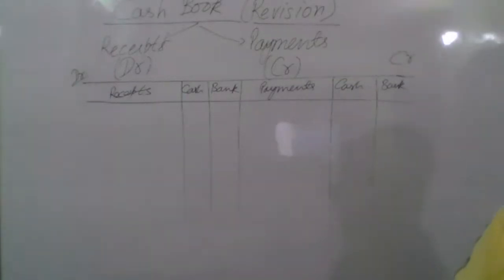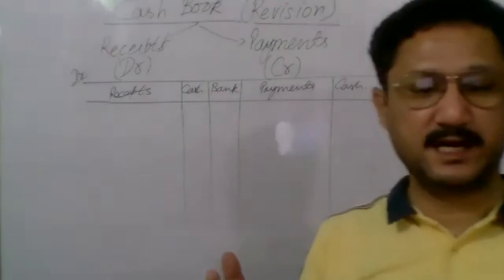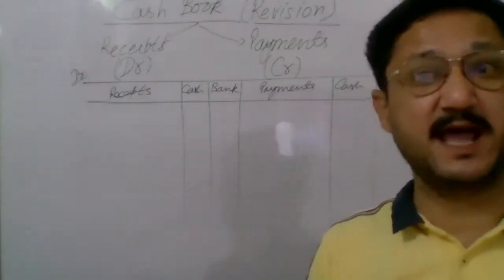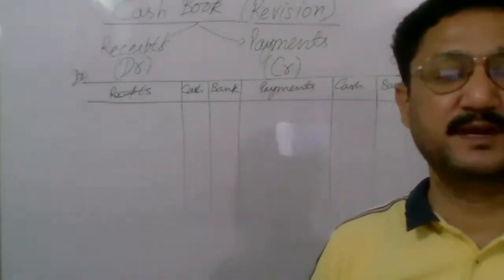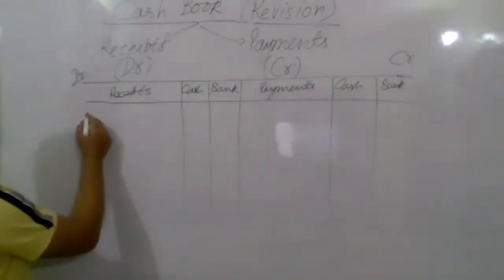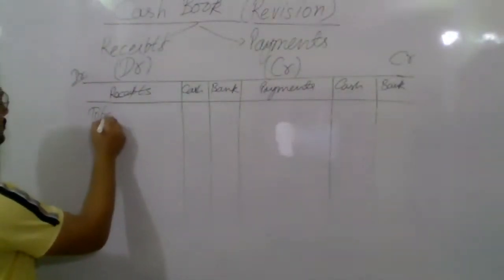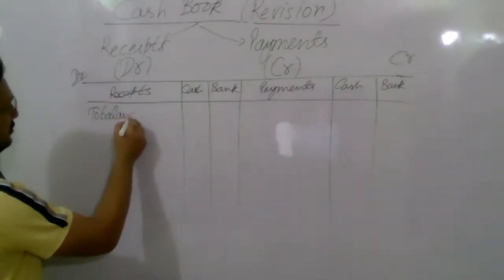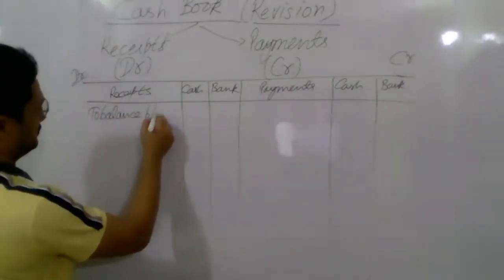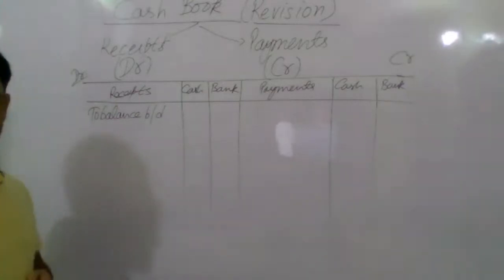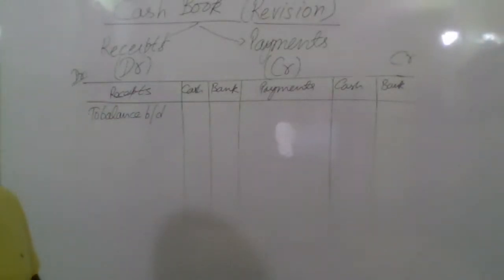The first entry is of the balance of the previous month. The cash balance or the bank balance we have in the previous month, the debit balance of cash and bank, that is two balances brought down.